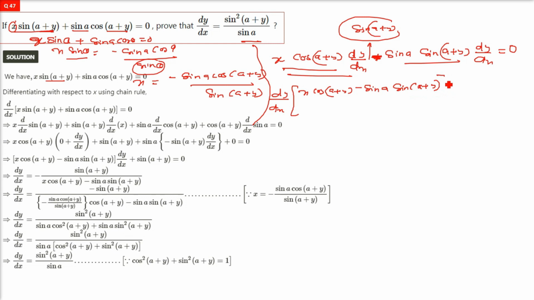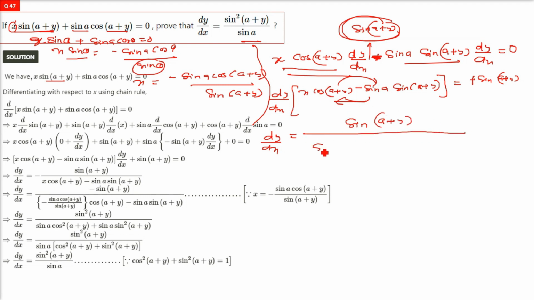And on the right, sin a plus y goes on the right, minus sin a plus y. And I already told you I don't like the negative like that, so I will swap these values. If I want to replace this negative, I have to swap the position of the left side 2 terms. It will be sin a plus y divided by sin a plus y minus x cos a plus y.